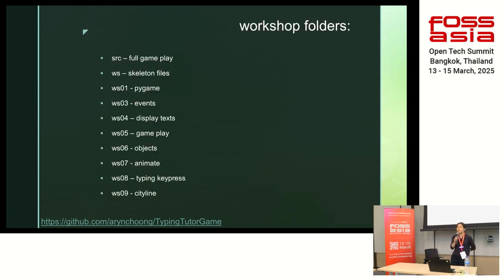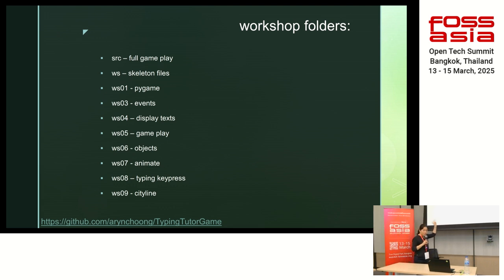As long as you have cloned the repo, I've already prepared all the workshop files. This is a glossary of the workshop folders. The source folder has the full gameplay.